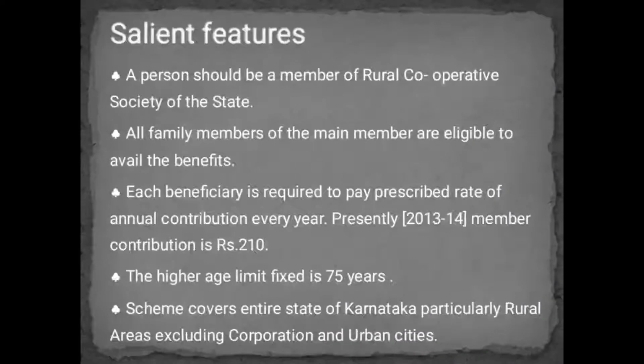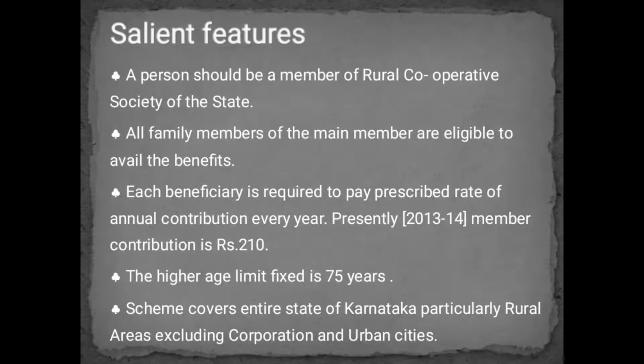Then some of the features of this scheme we will see. A person should be a member of a rural cooperative society of the state. Then family members of the main member are eligible to avail the benefits. It is not only the one member but all family members are included. Each beneficiary is required to pay the prescribed rate of annual contribution every year.